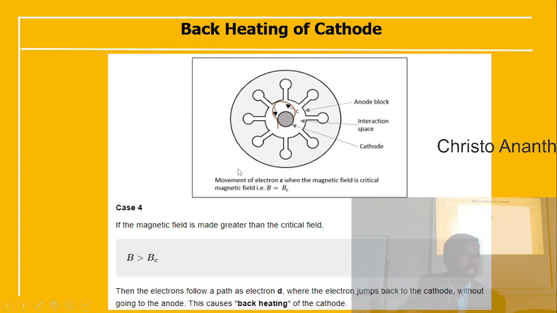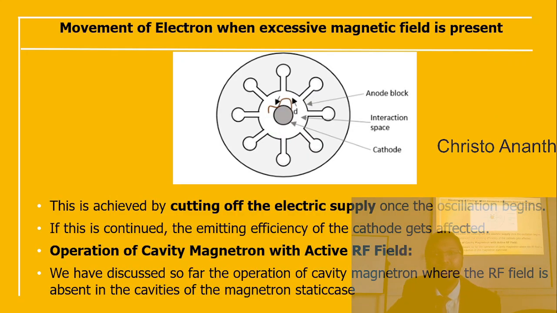That is how high it is. If you supply too much heat, what happens? Back heating of the cathode. So instead of going like this, it will go out. That's how electron D goes out.